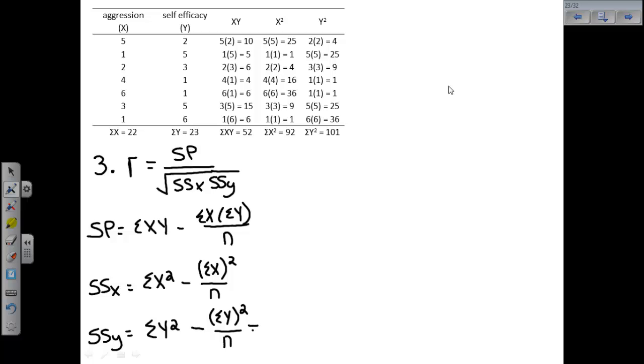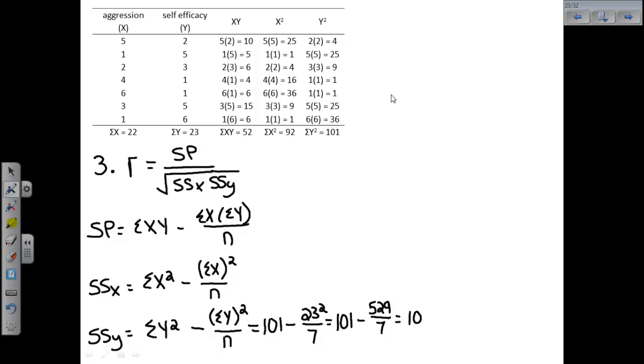Okay. Sum of y squared is right here. It's 101. Sum of y is 23. Square that, divided by 7, our sample size. This becomes 101 minus, so 23 squared is equal to 529, and then divided by 7.